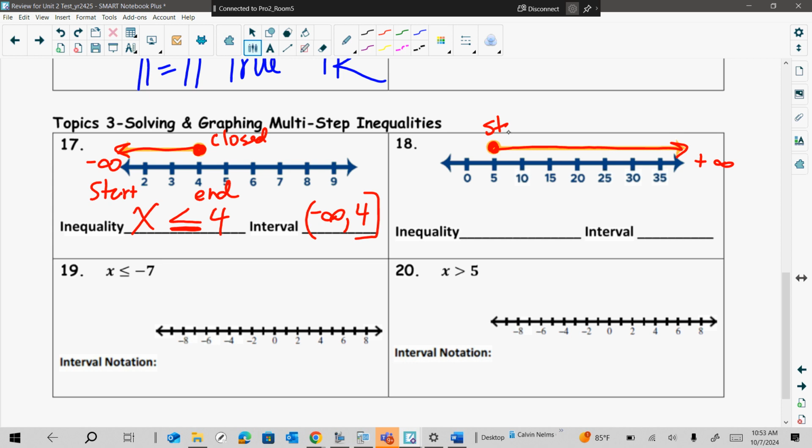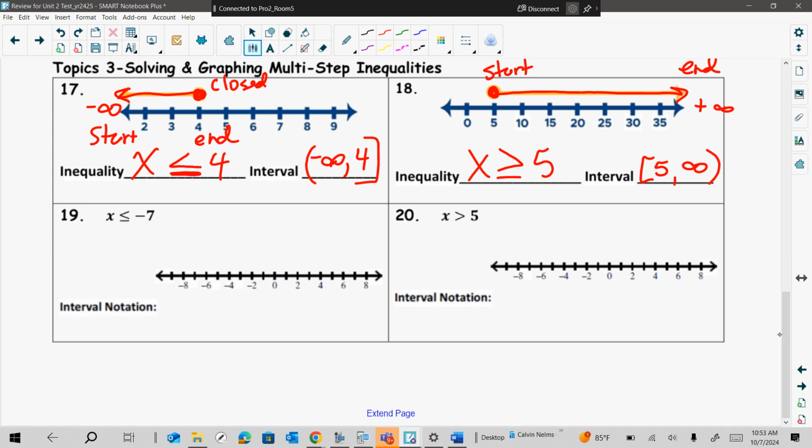It's starting at 5 and ending at positive infinity. If it's pointing to the right, your inequality should point in the same direction. So x is greater than or equal to 5. What's the interval notation? Bracket 5, comma, infinity, parentheses. Remember, we always use parentheses with infinity.